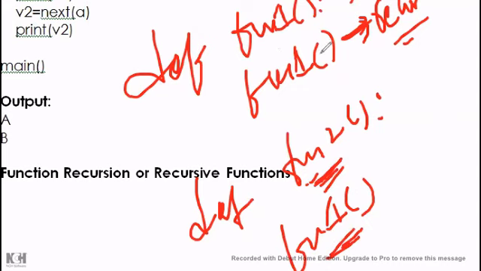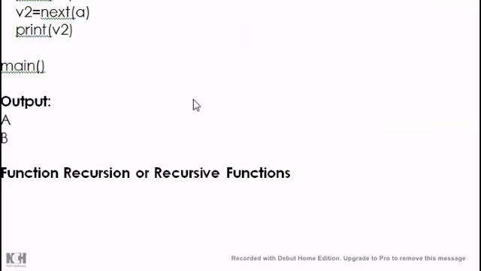But in this case, function 1 is calling function 1: the calling function is function 1 and the called function is function 1. This you call recursion. Recursion means repeating the same function again and again, right? There are some complex problems which can be solved by using function recursion.